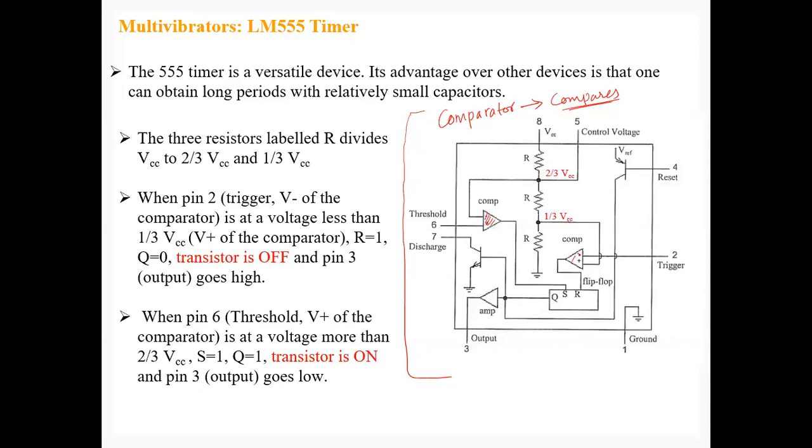We have another comparator here, and we have an amplifier here. Then we have a flip-flop here, and we have resistors here. See, we have one resistor here, another resistor here, with exactly the same value. Three resistors here.